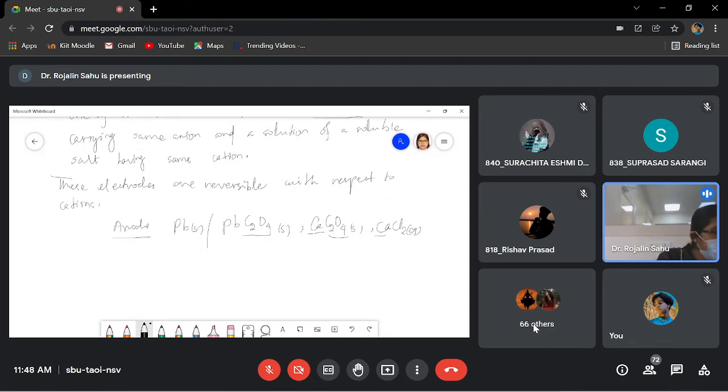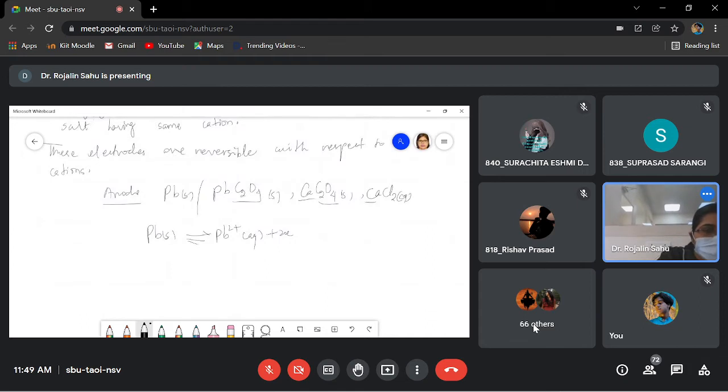So here the reactions are like this. Pb will oxidize to Pb2+ plus 2 electrons, then Pb2+ with C2O4 2-.